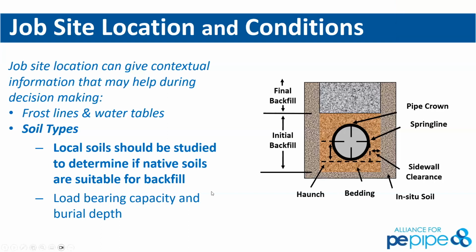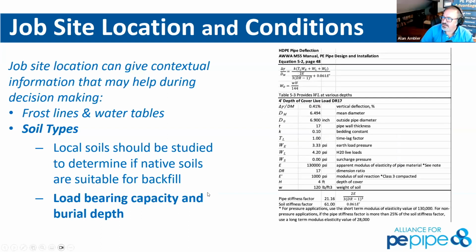Okay, so we just have one more little quick bit on that job site location and conditions with regard to soil types. We put this table up here for you because it's an example of running calculations for complex installations for burial depths. Now, most of your installations are in a design window of 2 feet for non-H20 loading or 3 feet for H20 loading down to 25 feet deep.